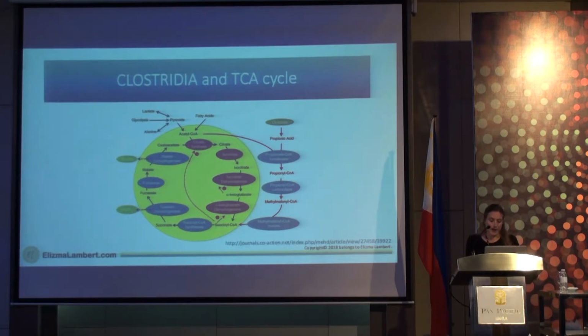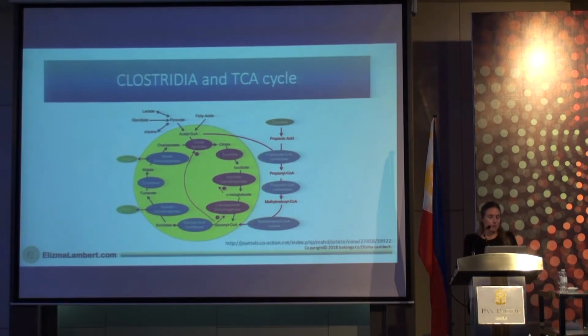And then also you have the propionic acid that's being produced by the Clostridia bacteria, sort of short-circuiting, entering here as succinyl-CoA, which then inhibits the activity of isocitrate dehydrogenase and alpha-ketoglutarate dehydrogenase.